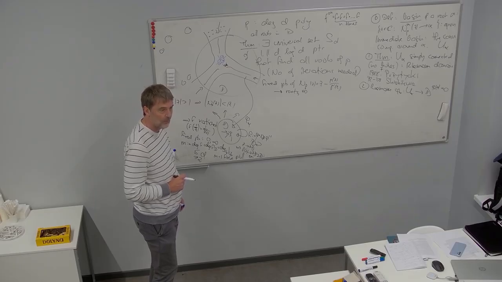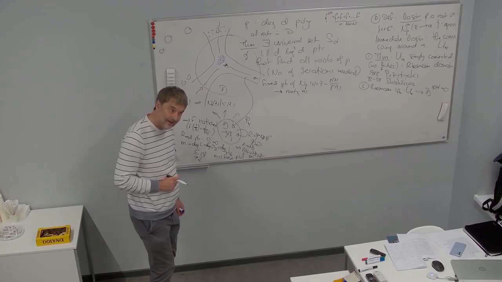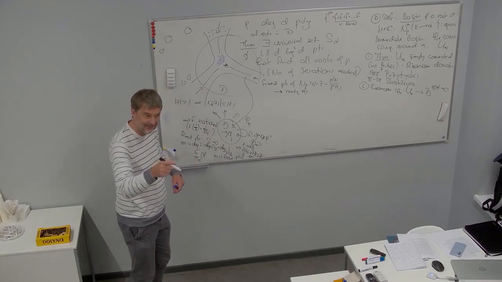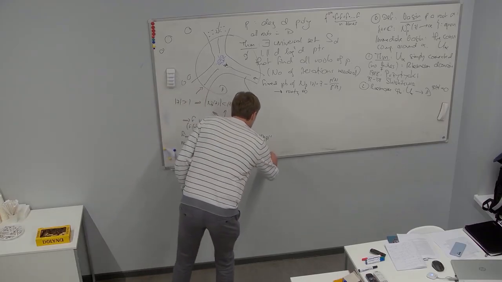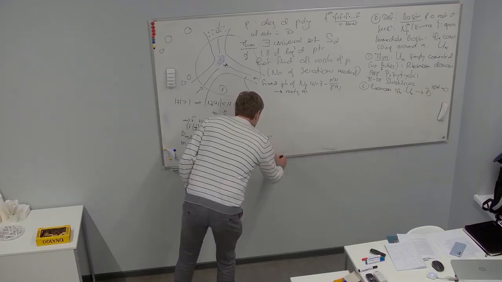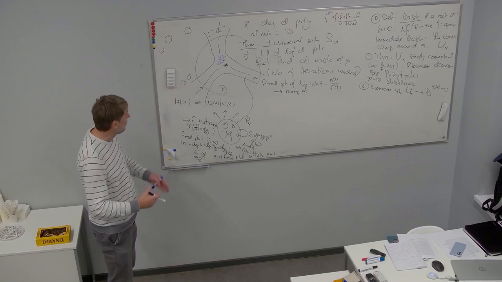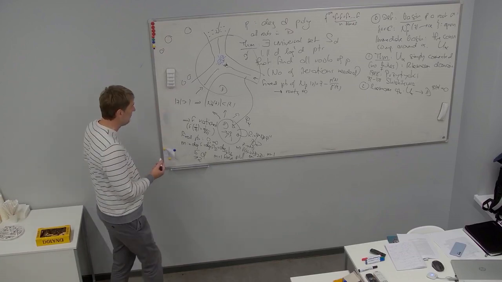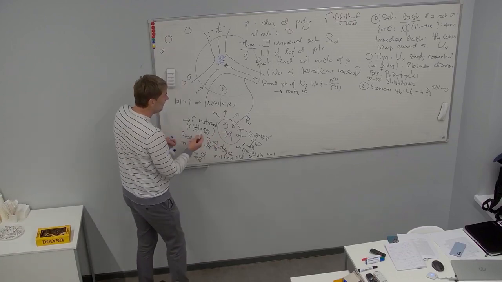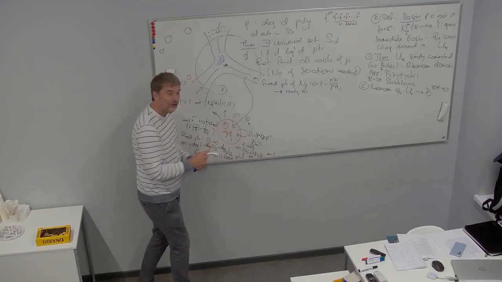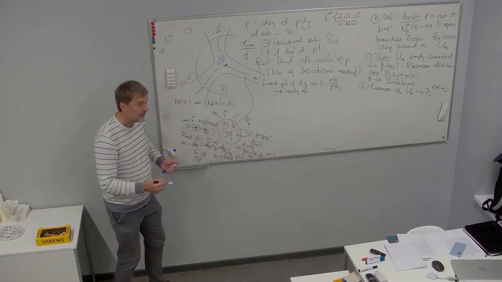So how many of them are on the boundary of the disk? m plus 1 minus 2. Exactly, it's m minus 1.